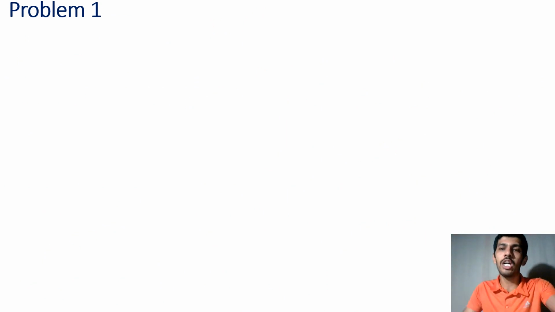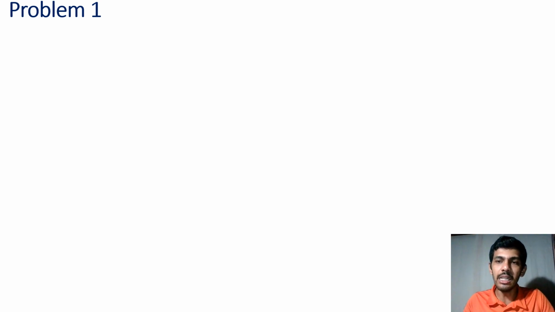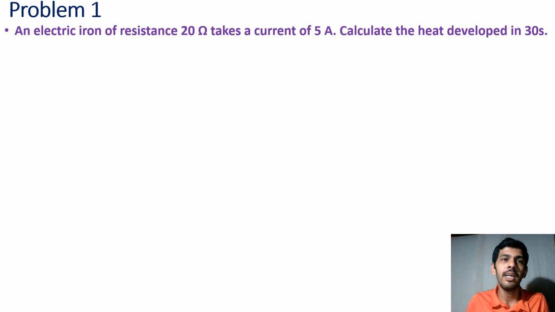Now we shall solve certain problems related to this chapter, electrical power, related to the concept which we have discussed just now. Problem number 1. An electric iron of resistance 20 ohm takes a current of 5 amps.